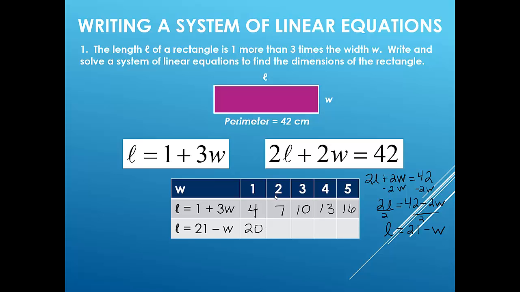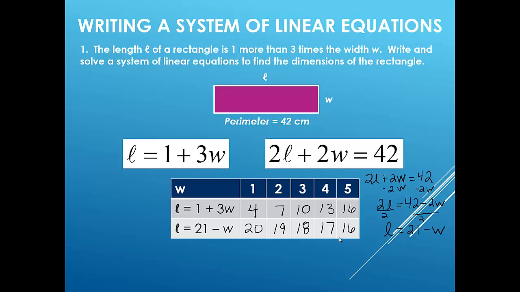If W equals 2, 21 minus 2 is 19. If W equals 3, 21 minus 3 is 18. If W equals 4, 21 minus 4 is 17. And if W equals 5, 21 minus 5 is 16.